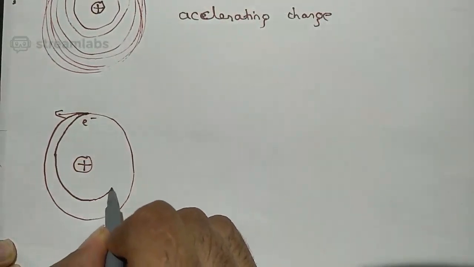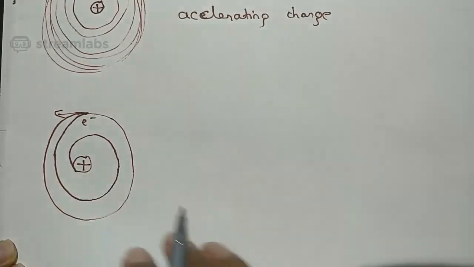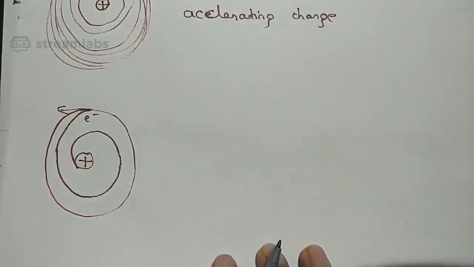It comes like this, like this, and finally collapses into the nucleus. Then what is the question of stability of the atom? In that case, the atom is not stable. After some time, the electron will fall into the nucleus and the atom collapses. This is the major drawback of the Rutherford model.